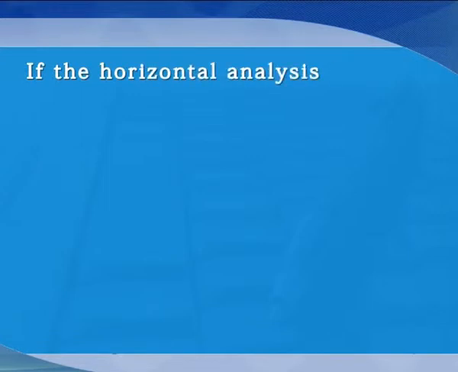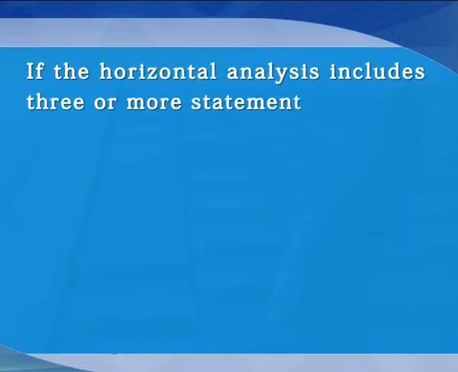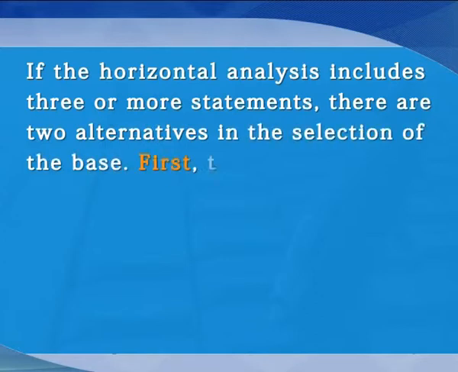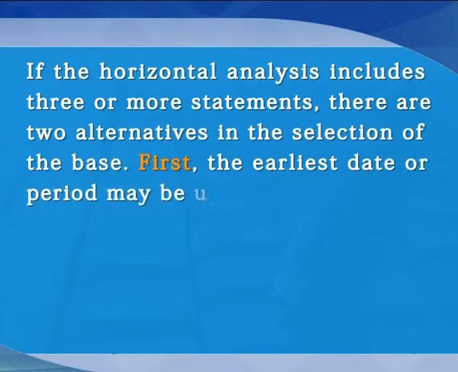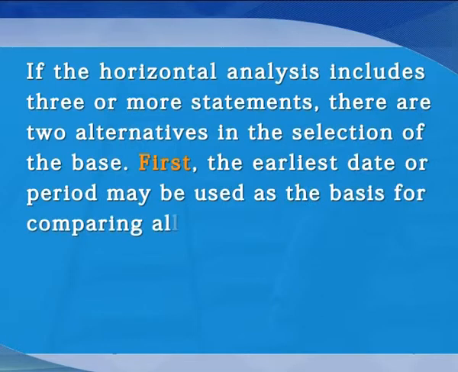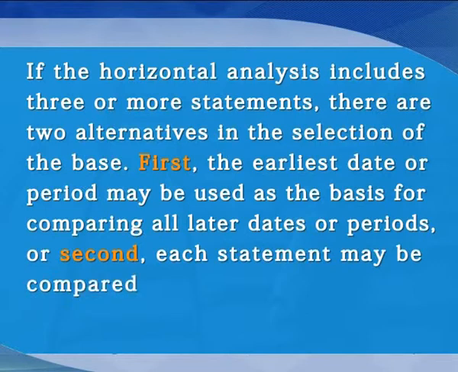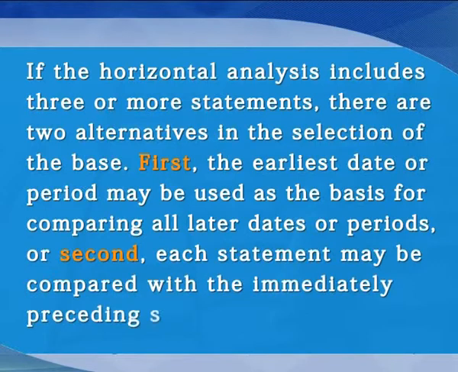If the horizontal analysis includes 3 or more statements, there are 2 alternatives in the selection of the base. First, the earliest date or period may be used as the basis for comparing all later dates or periods, or second, each statement may be compared with the immediately preceding statement.